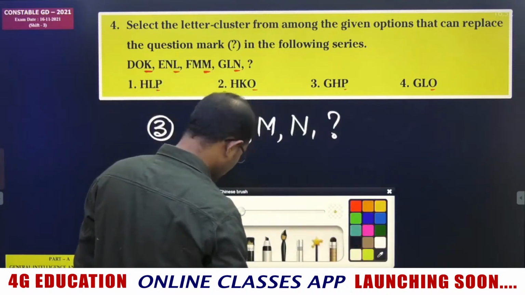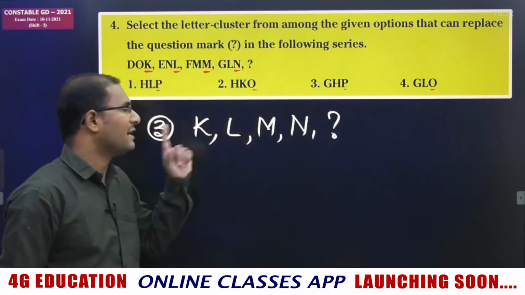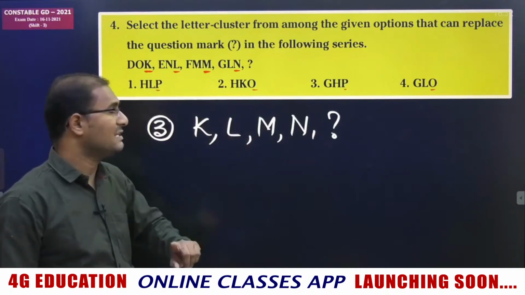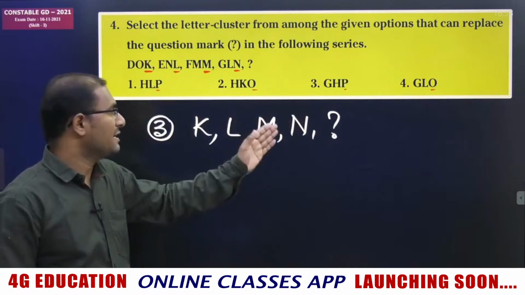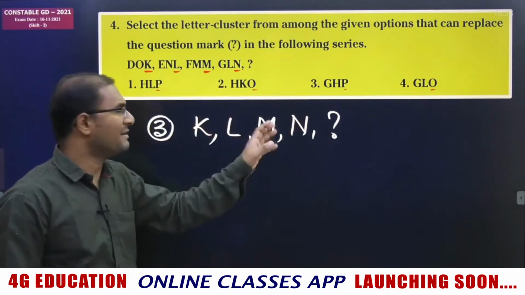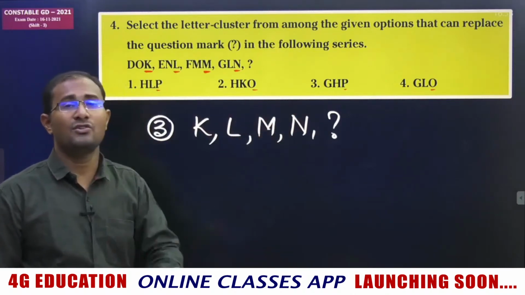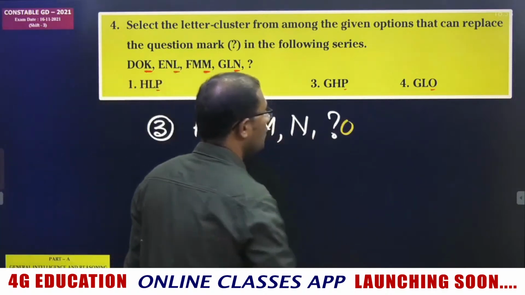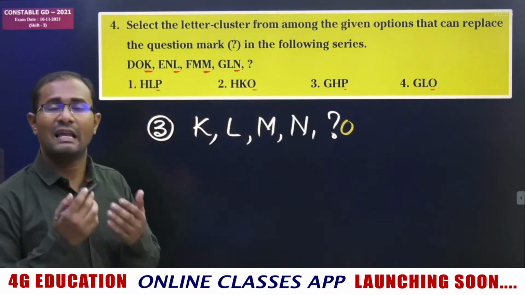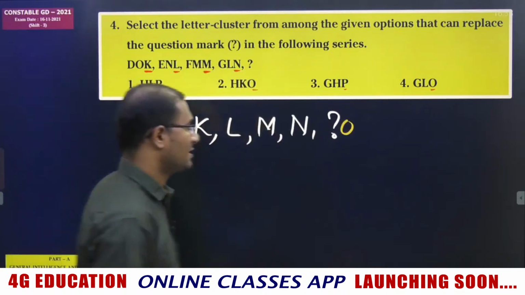So guys, if you observe here, K is the 11th letter and L is the 12th letter, M is the 13th letter and N is the 14th letter, and the next letter after N, because all these letters are present in a sequence according to the English alphabets. Am I right or not? Yes. So after N definitely it would be O. It means in my correct answer the last letter has to be definitely letter O.